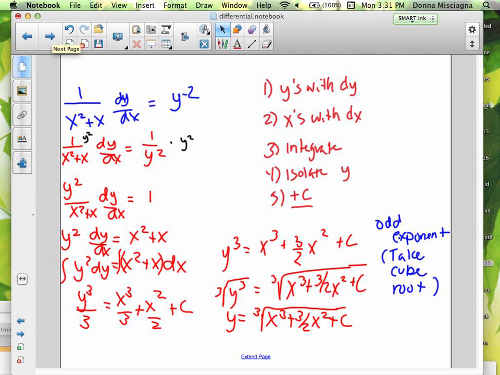The cube root of y cubed gives me y, and I've got the cube root of x cubed plus 3 halves x squared plus c. The c is under the cube root now. Regardless of what c is, even if it's 0, this will be the equation that satisfies this differential up here. Any questions on this one?